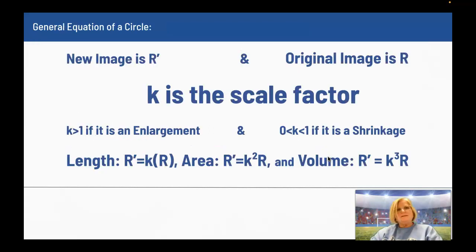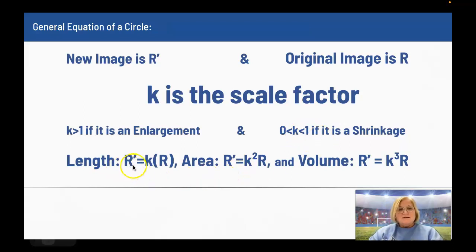Okay, the new image is R prime, and the original image is R. K is the scale factor. If K is bigger than 1, it is an enlargement. If K is between 0 and 1, a fraction or decimal, it is a shrinkage.